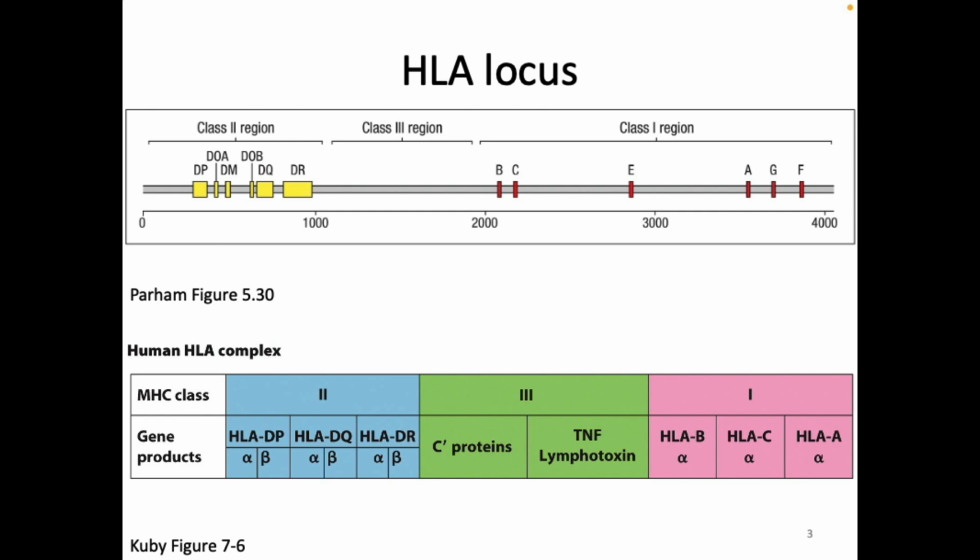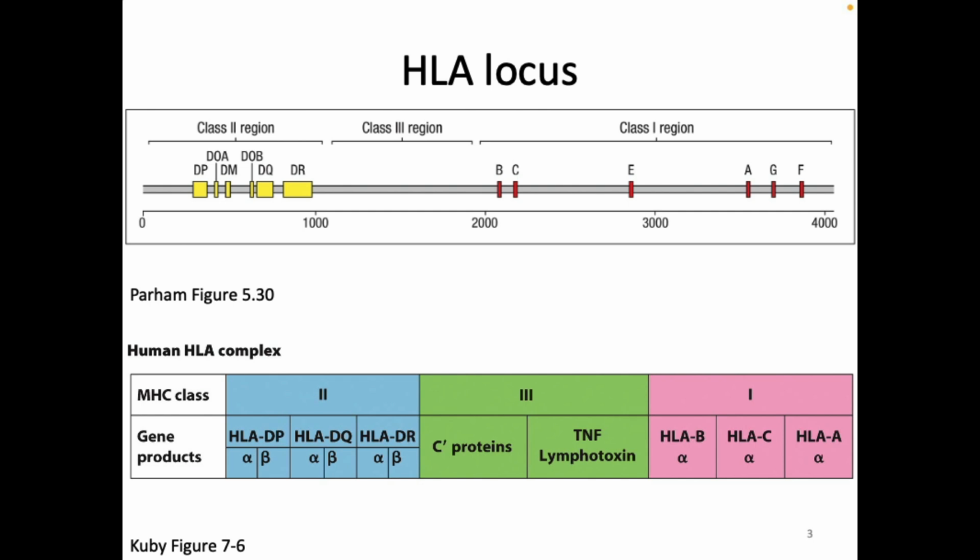Today, as we think about class 2 processing, I am going to mention HLA-DM. In mice, it's called H2M because it's a key protein that helps the process of class 2 presentation.